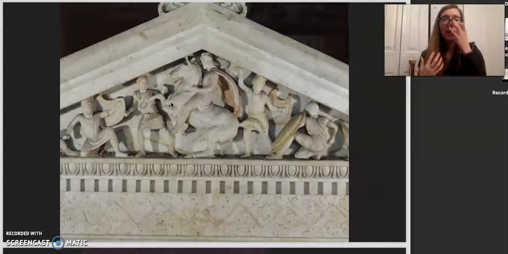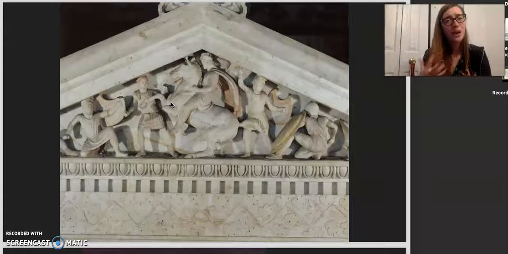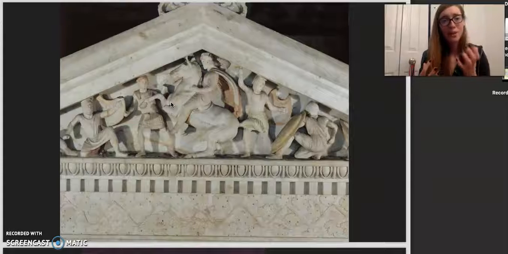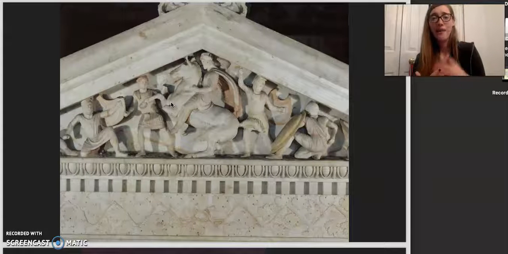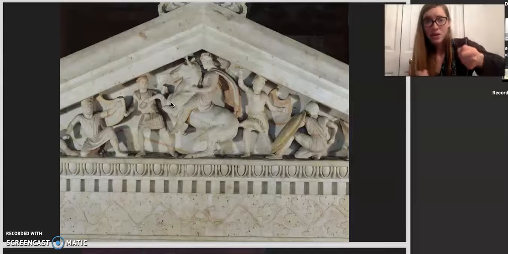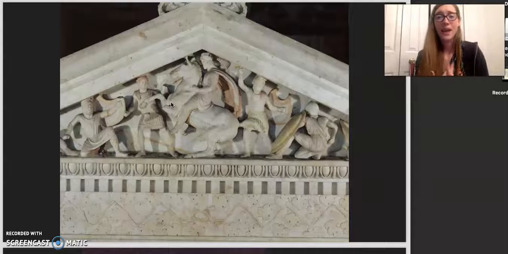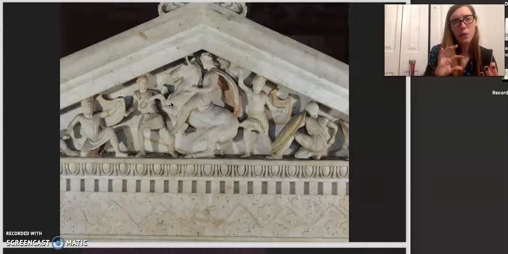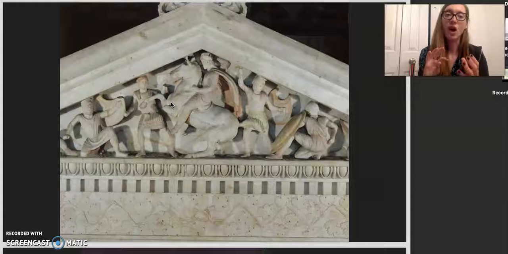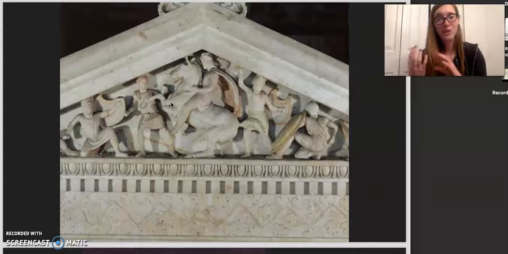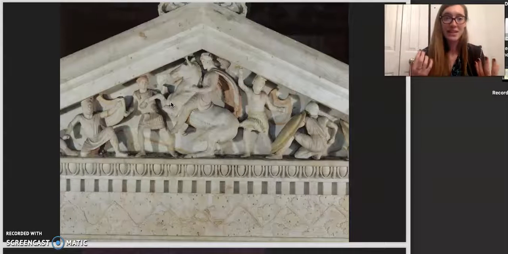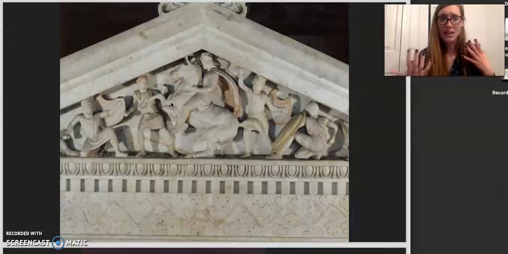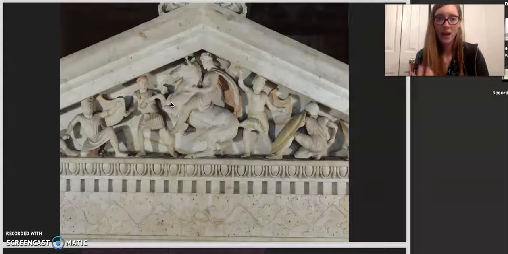Think a little bit about maybe the archaic cup that we saw, the red figure kylix tondo that we saw in a previous class, where you have a Greek smiting a Persian on his knees, and see what you think about this difference when we have a patron who's operating within a Phoenician and Persian background versus one of Greek origin, and how we see these Greco-Persian conflicts playing out.